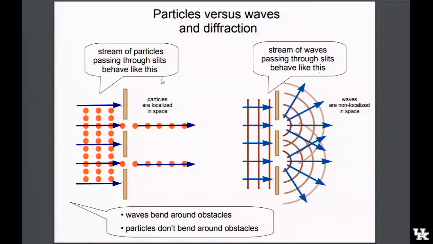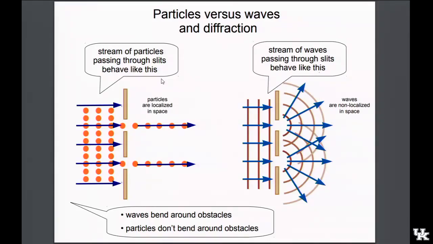They emerge as these sort of hemispherical wavelets emerging from this upper slit and this lower slit. This is the bending of waves, diffraction, and that's absent for particles. There was no diffraction, no bending of the particles when they passed through the wall.